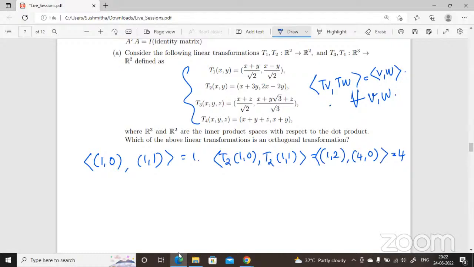So 4. Not equal, right? Not equal. Yeah. So T2 is not an orthogonal transformation. Try T3.